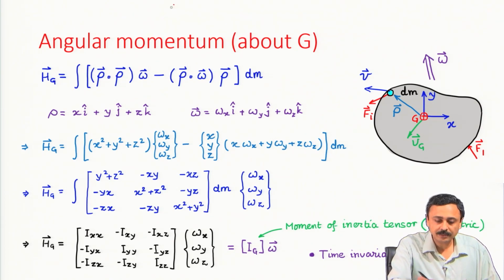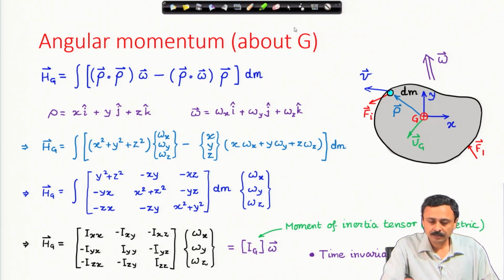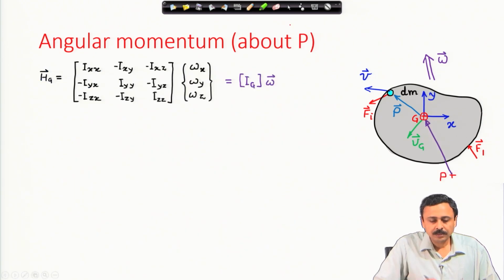Let us look at the next steps. So, this is our angular momentum about the center of mass, H g vector. The H g vector is nothing but the moment of inertia tensor about G times the omega vector.